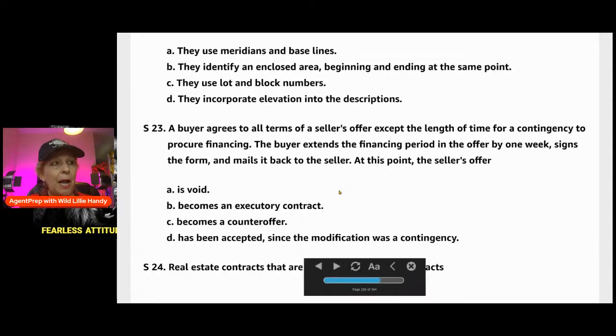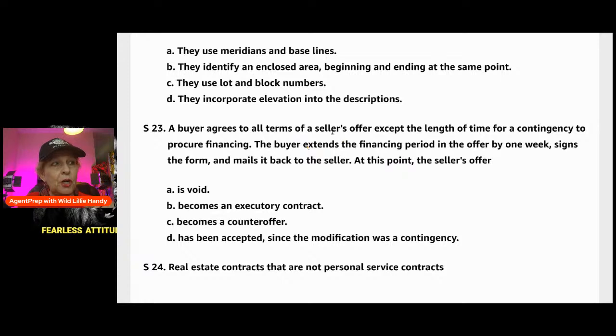So it says the buyer agrees to all the terms except the financing period, extending it by 1 week. So what happens to the seller's offer? There have been different counter offers going back and forth, right?